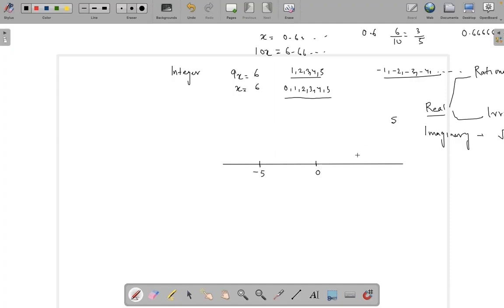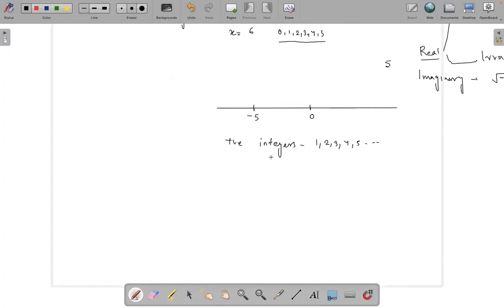So you have positive integers, you have negative integers. So what are positive integers? You have 1, 2, 3, 4, 5, and so on, right? So they are positive integers. What about negative integers? Negative integers are to the left of the number line. For example, -1, -2, -3, and so on.